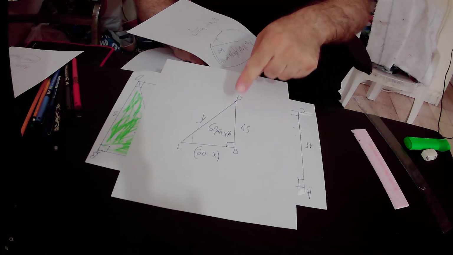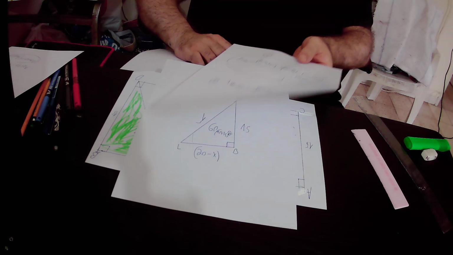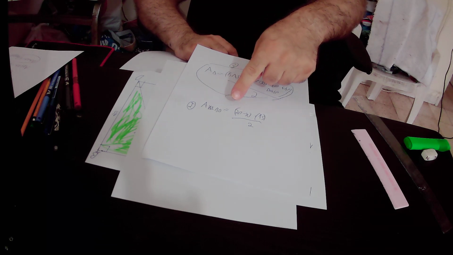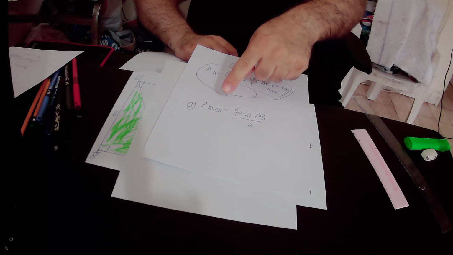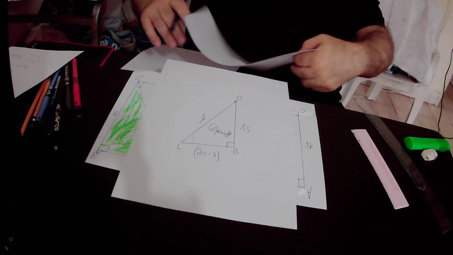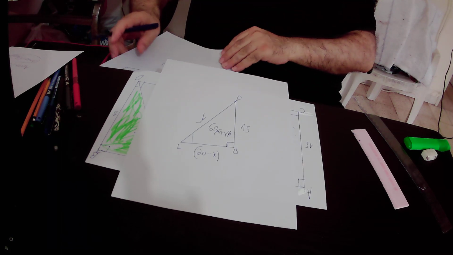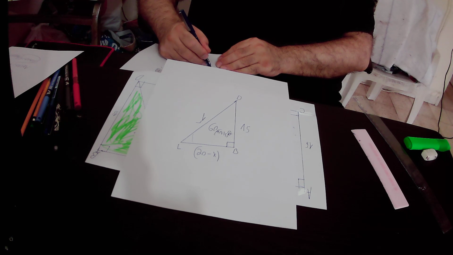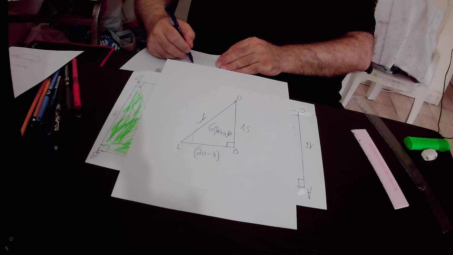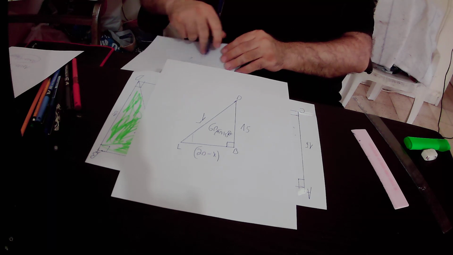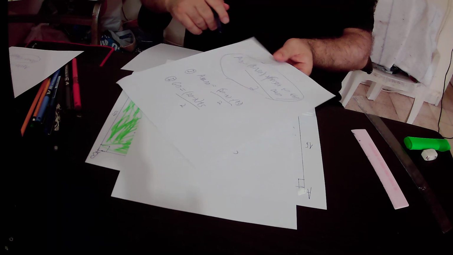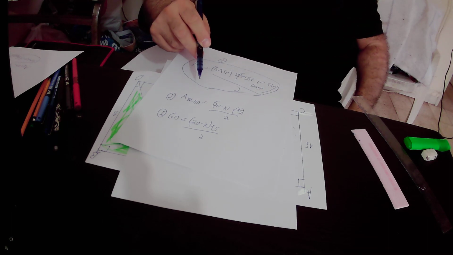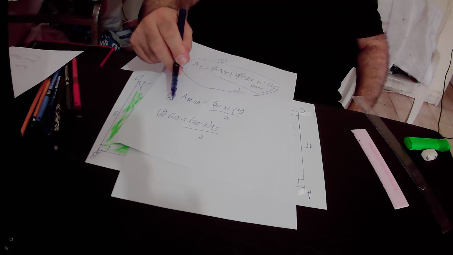But we know that the area equals 60 units squared, so we can substitute the area of triangle LBD by 60 units squared.